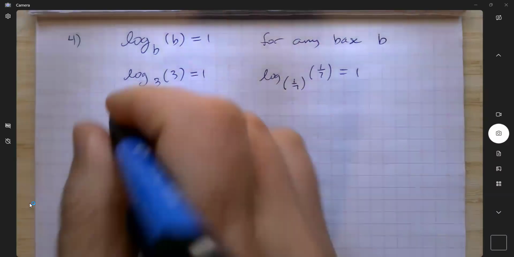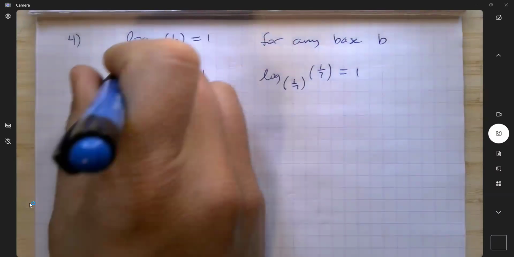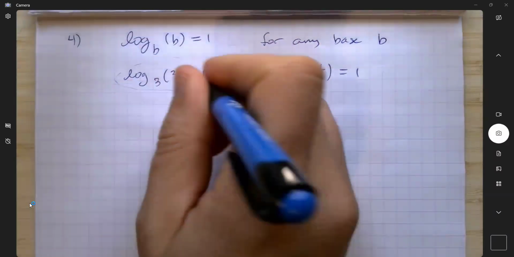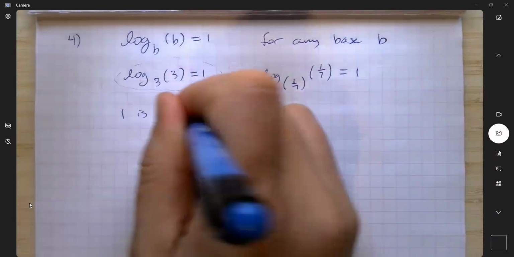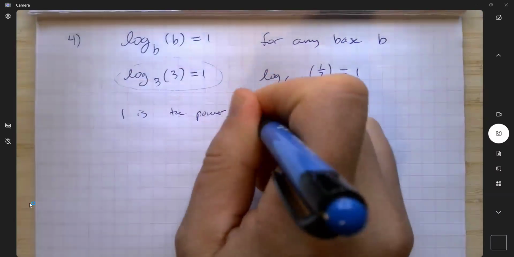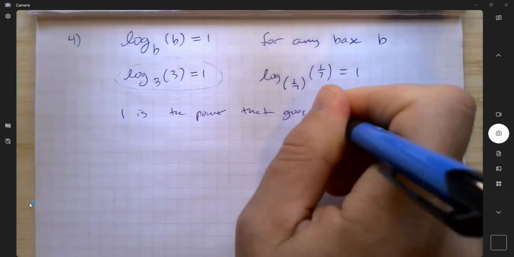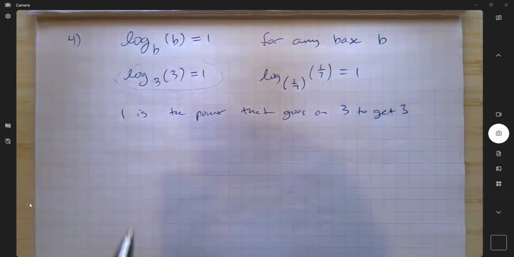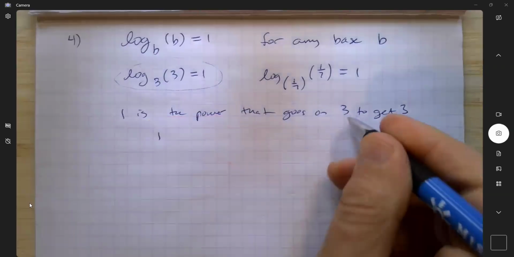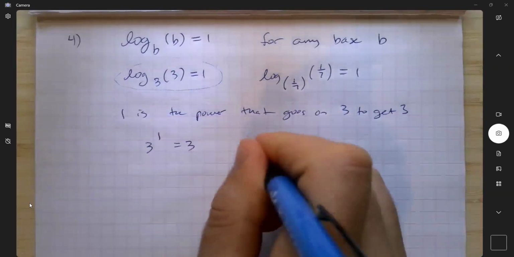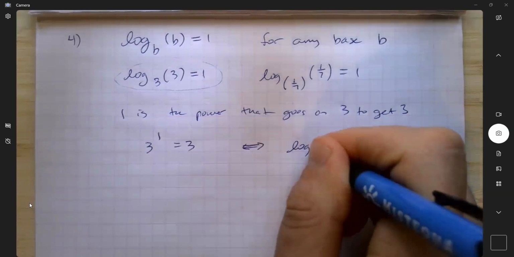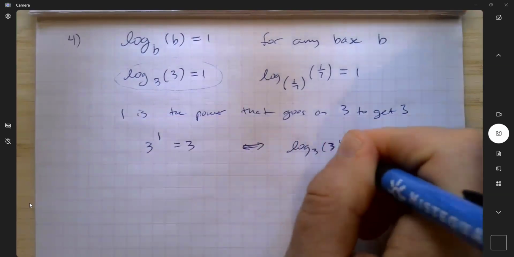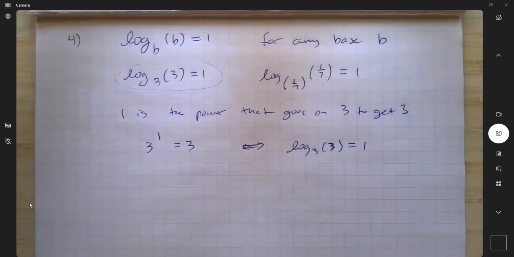And this just comes from the fact that a logarithm is a power, so 1 is the power that goes on 3 to get 3. That's equivalent to log base 3 of 3 equals 1.